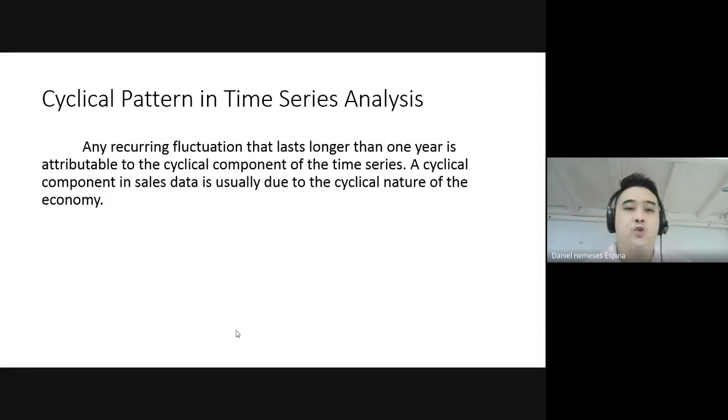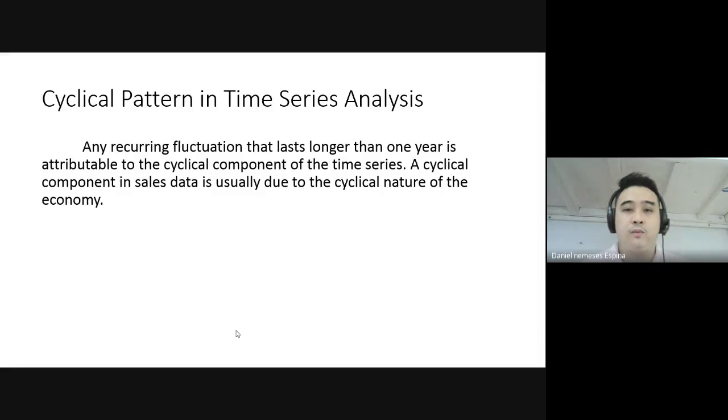Another pattern in the time series is what we call the cyclical. Any recurring fluctuation that lasts longer than 1 year is attributable to the cyclical component of the time series. A cyclical component in sales data is usually due to the cyclical nature of the economy. There are businesses that depend on the economic situation of the country.